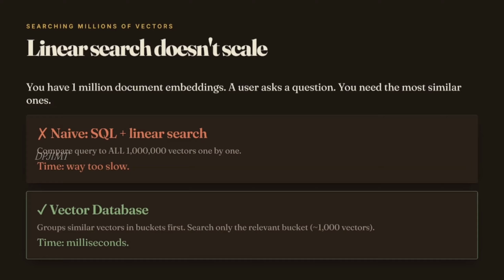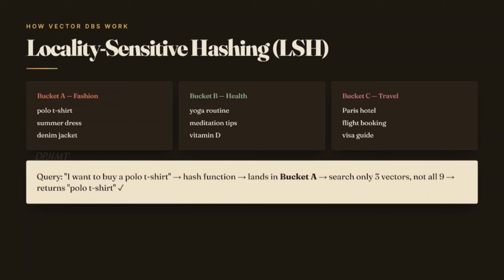When you have a million embeddings and a new search query, checking each one sequentially is computationally prohibitive. Vector databases solve this with techniques like locality sensitive hashing, which groups similar embeddings into buckets. When you search, you only compare your query vector against the vectors in the relevant bucket, not all million. This makes similarity search fast enough for production use.